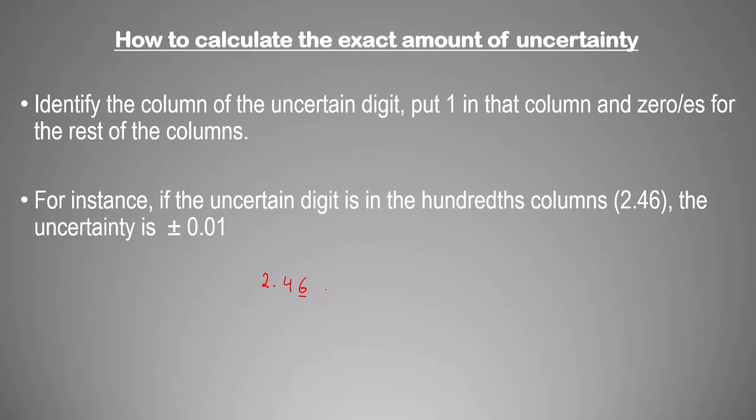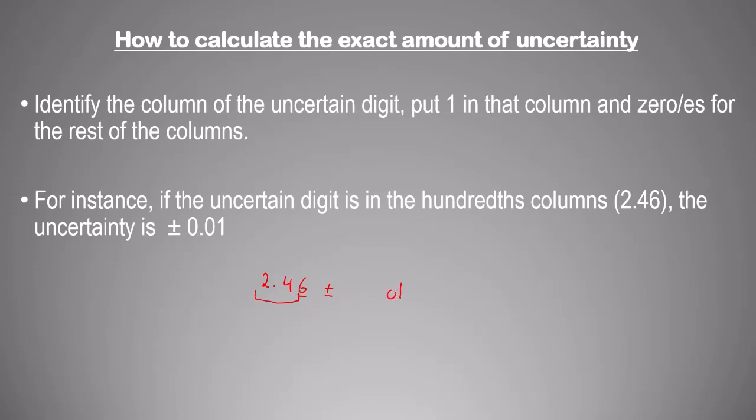Next, we are going to add plus minus, and I will explain in a bit what this plus minus means. After this plus minus, we will put 1 in the uncertain digit, and this uncertain digit is the 100th place. So I have 1 in the 100th place, and for the rest of the digits, I will just add 0.